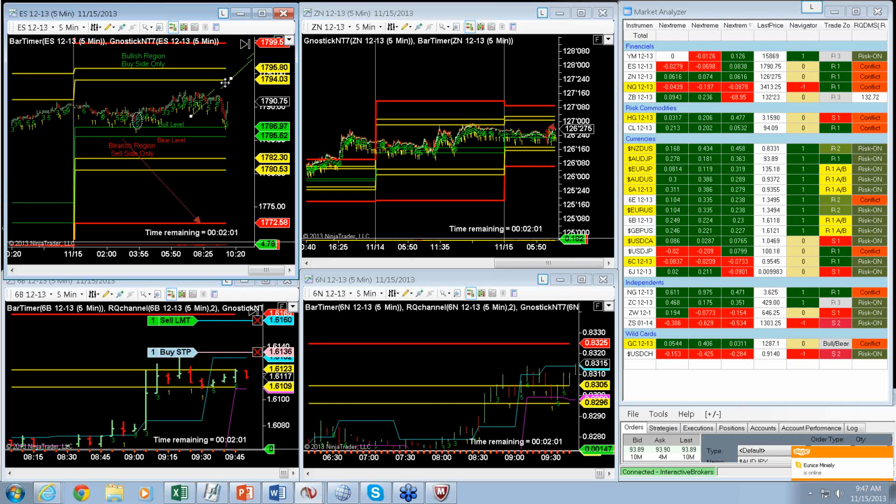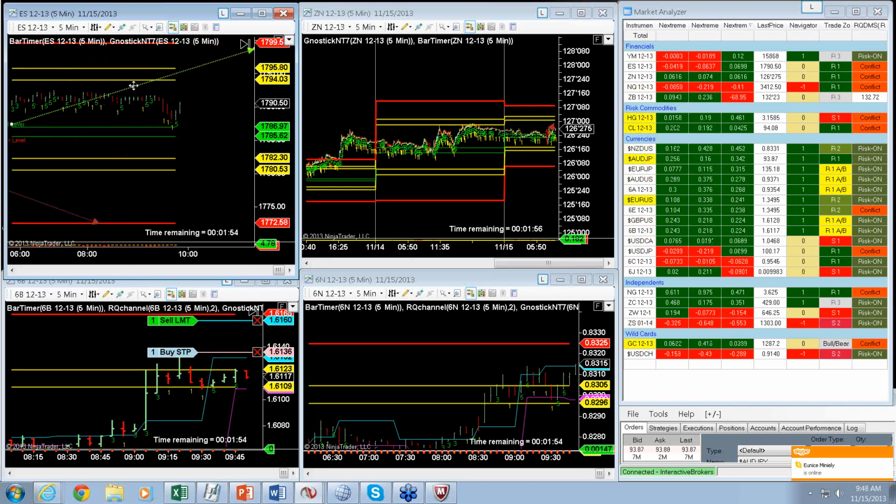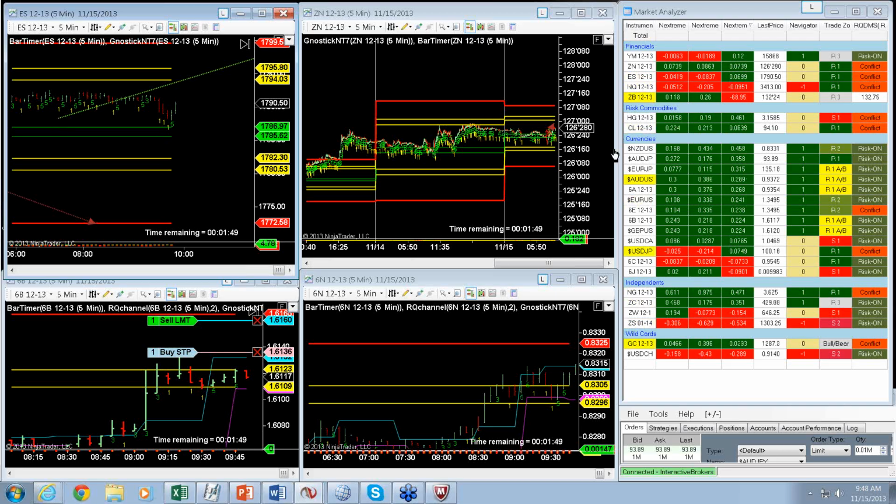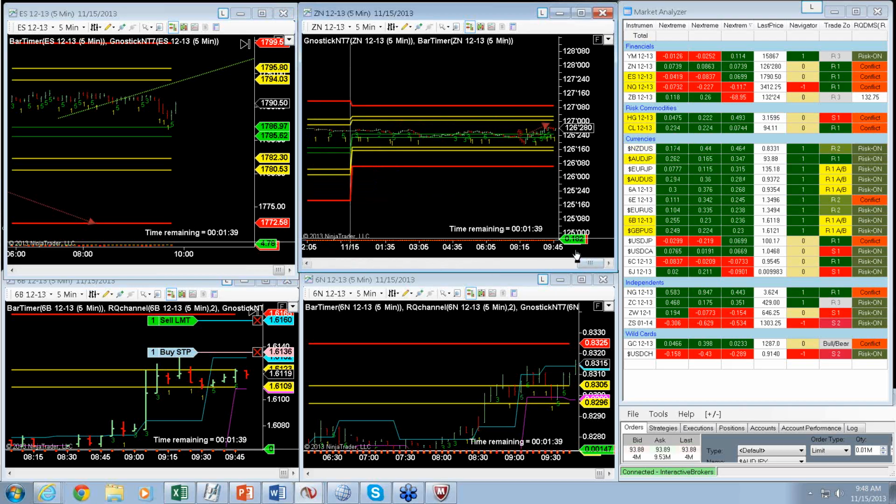We're still in the buy side of the bullish region of the chart, right here, right there. New Zealand dollar is starting to behave the same way, and it's getting a fuel off of the S&P. I want to show you some levels.